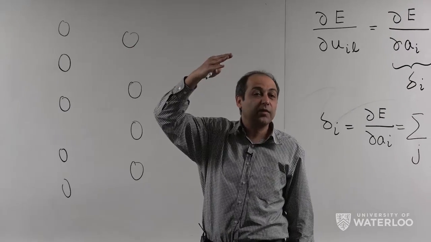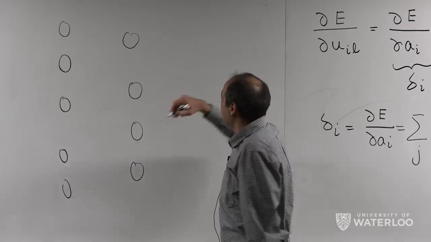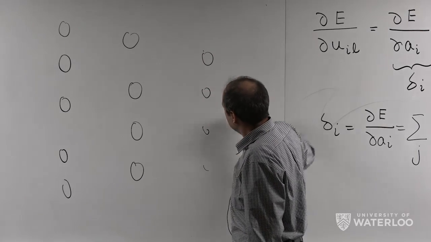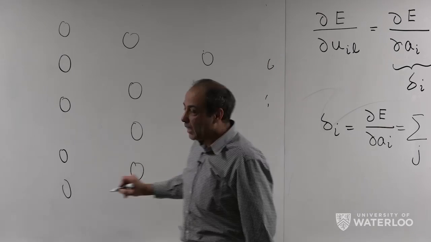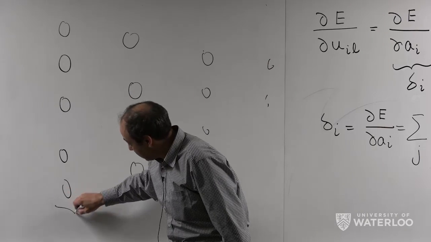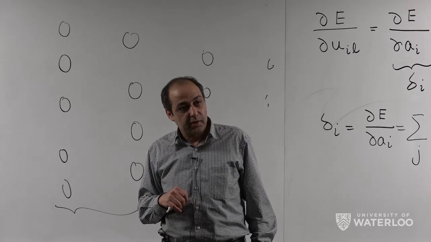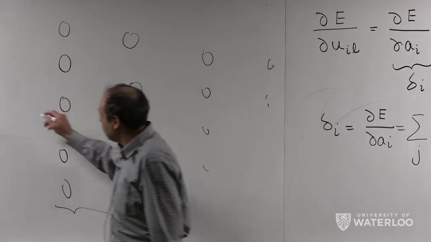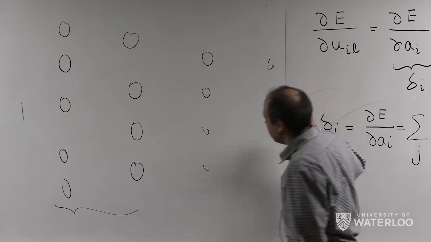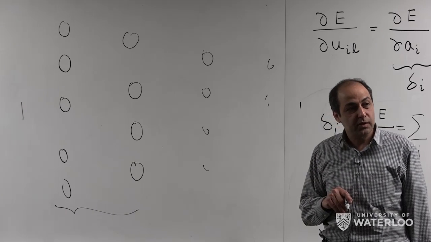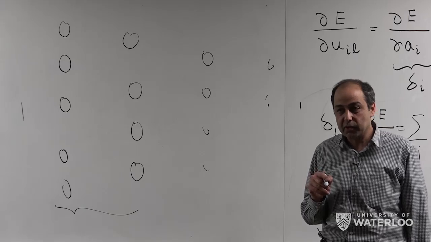So the suggestion of Hinton was that if you have a deep network, make your deep network in a way that each of these is a restricted Boltzmann machine. I have input here, and I have output here. I can't apply backpropagation to this because of vanishing gradient.